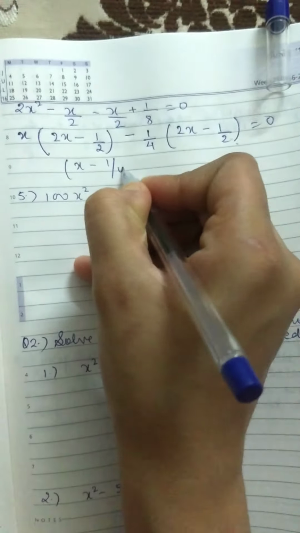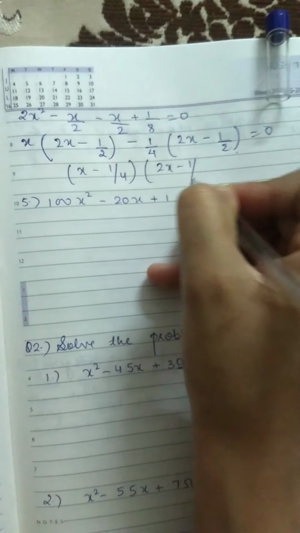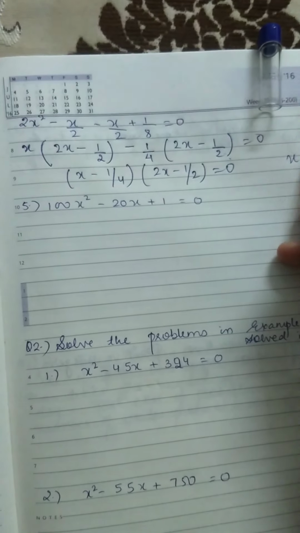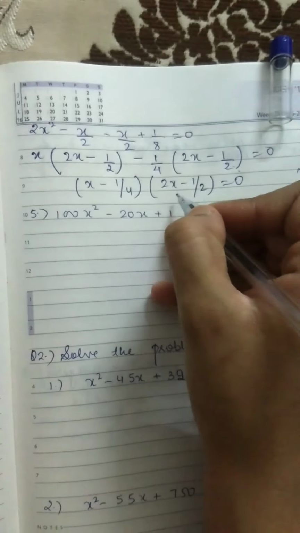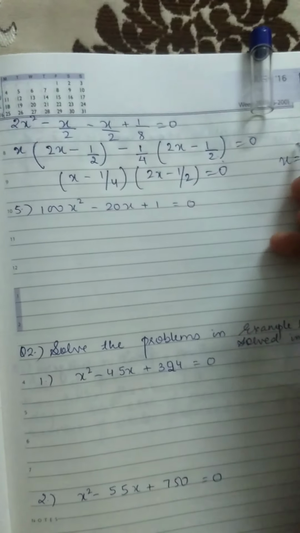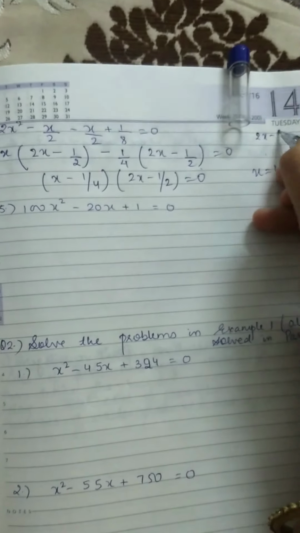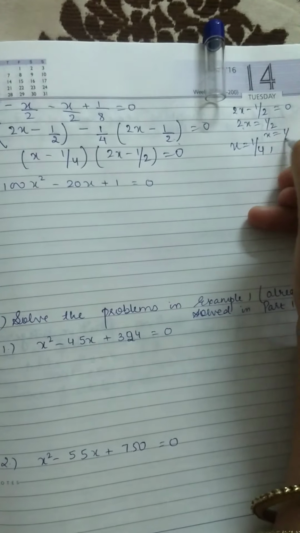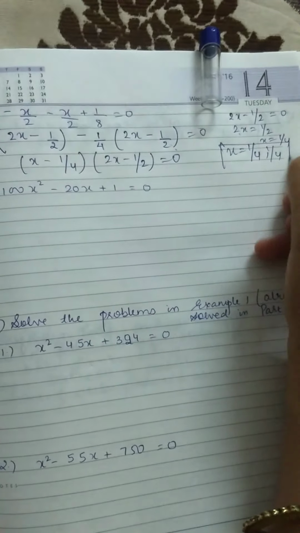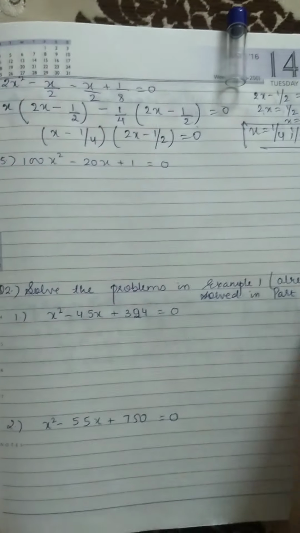So x minus 1 by 4, 2x minus half is equal to 0. Therefore factors will become half and 1 by 4, and here also 1 by 2 will go there. I'll show you. 2x minus half is 0, so 2x is equal to half, therefore x becomes 1 by 4. So both roots are the same, which are equal to 1 by 4.